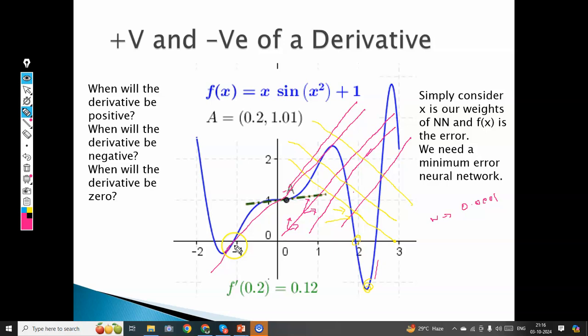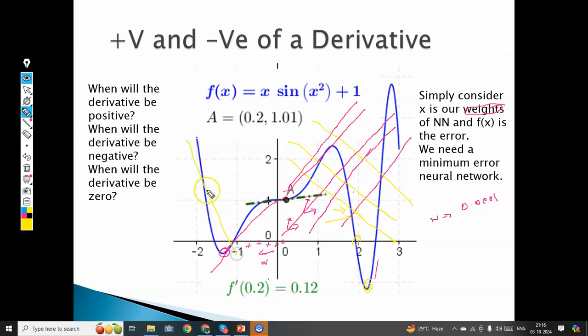So whenever we have a positive slope, we have to decrease our x, or we have to decrease our weights. Then we will reach the minimum value. This is the opposite direction.